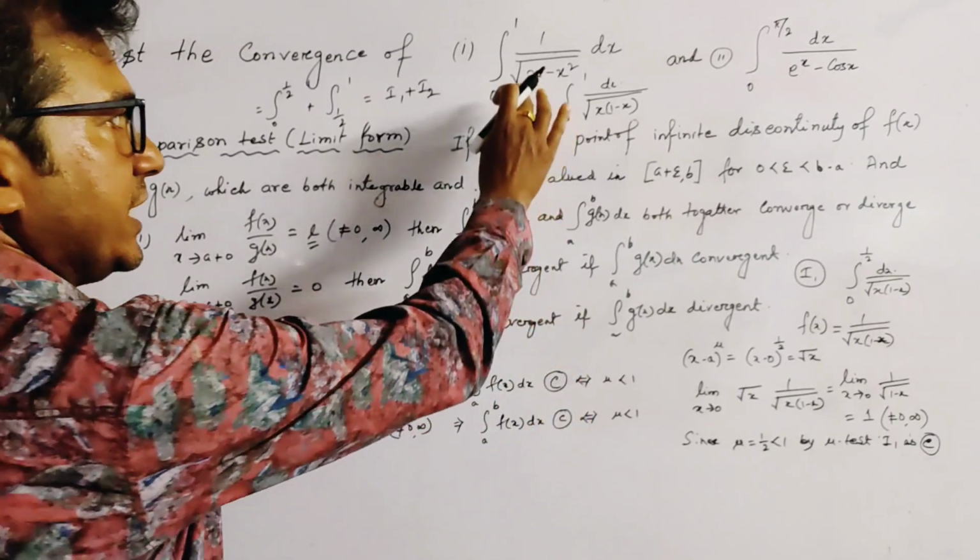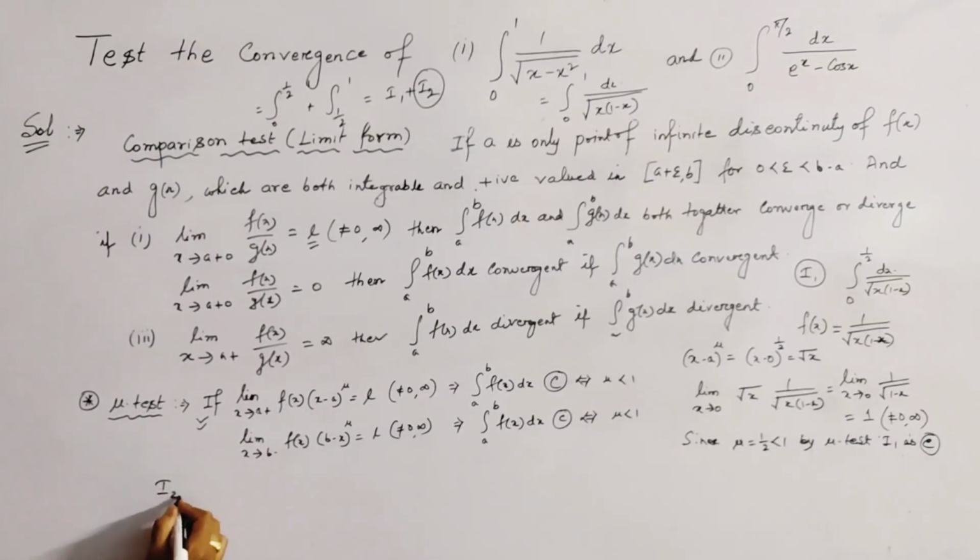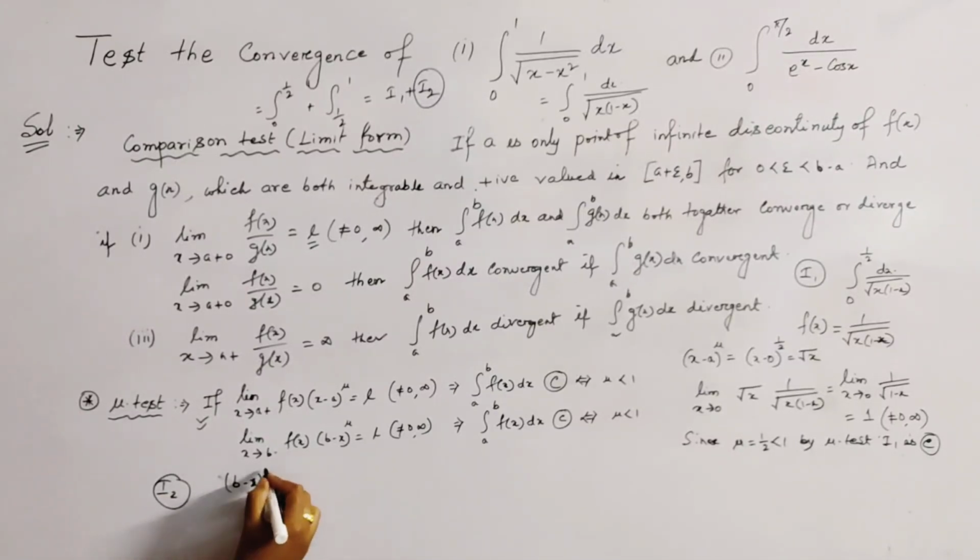Now for the second case, that is for I2, here we take b minus x whole to the power half.